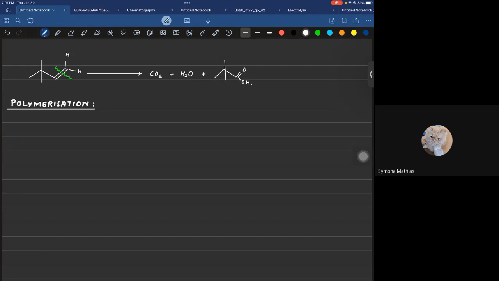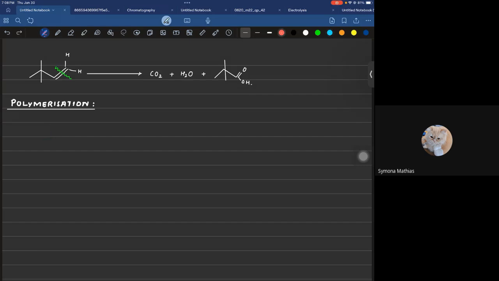We are not producing as many petroleum products from fractional distillation as we need. So that's why we have to do cracking. Polymerization is the reverse of cracking. In cracking, you break down the large molecule into smaller ones, but in polymerization, we combine the small molecules to form a large molecule.